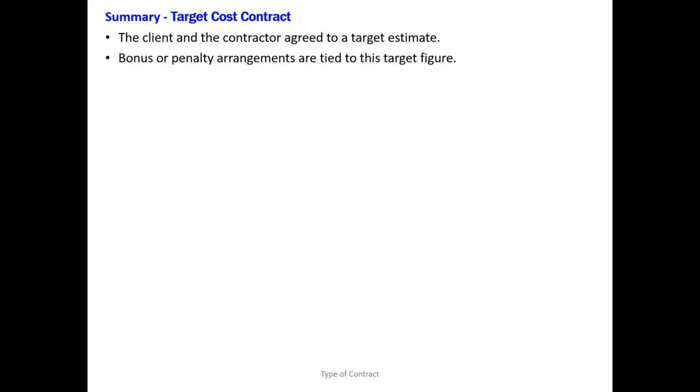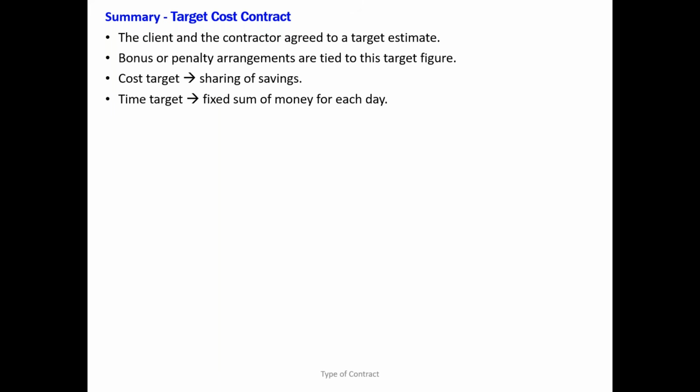Okay, that's the way. So in target cost, we have to agree the target cost, the target estimate, but it's going to be a problem to agree the target cost because the scope of work is not defined. So there is a cost target. If you achieve the cost target, there is cost saving. There is a time target also. Sometimes if you complete the project earlier than planned, then some amount needs to be paid. Say for example, it's a five-star hotel.